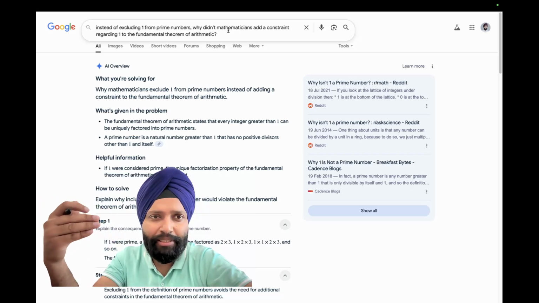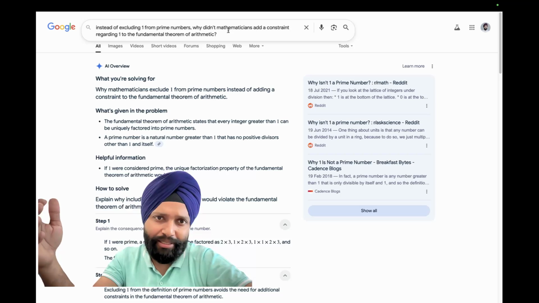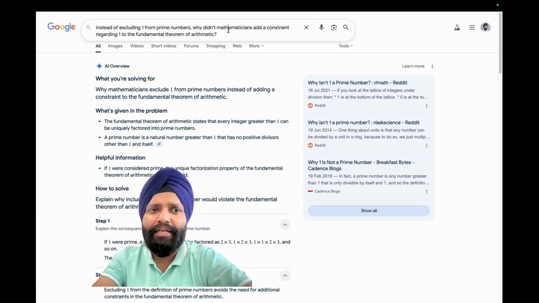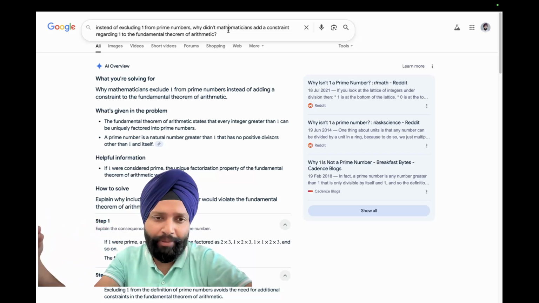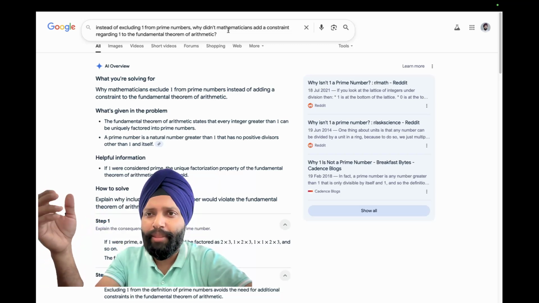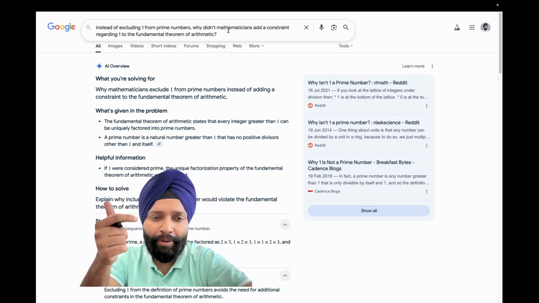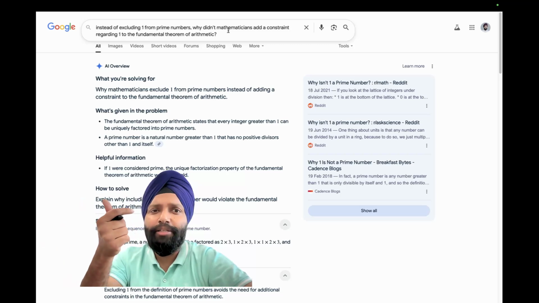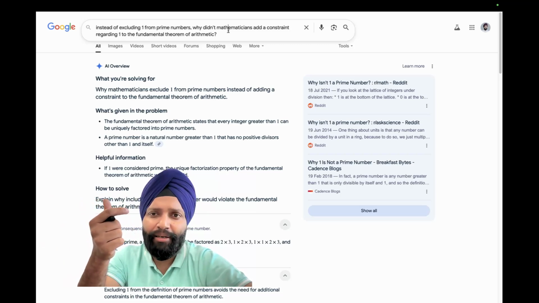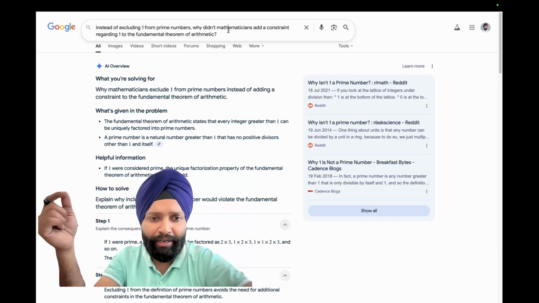So then I thought of this, and I had this question: instead of excluding 1 from prime numbers, right, the mathematicians decided to exclude 1 from prime numbers. Instead of doing this, why didn't mathematicians add a constraint regarding 1 to the fundamental theorem of arithmetic? Essentially, what I mean is, instead of twisting the definition of a prime number to say it's a number greater than 1, they could have changed the fundamental theorem of arithmetic to say that every number has a unique prime factorization of primes greater than 1, right?